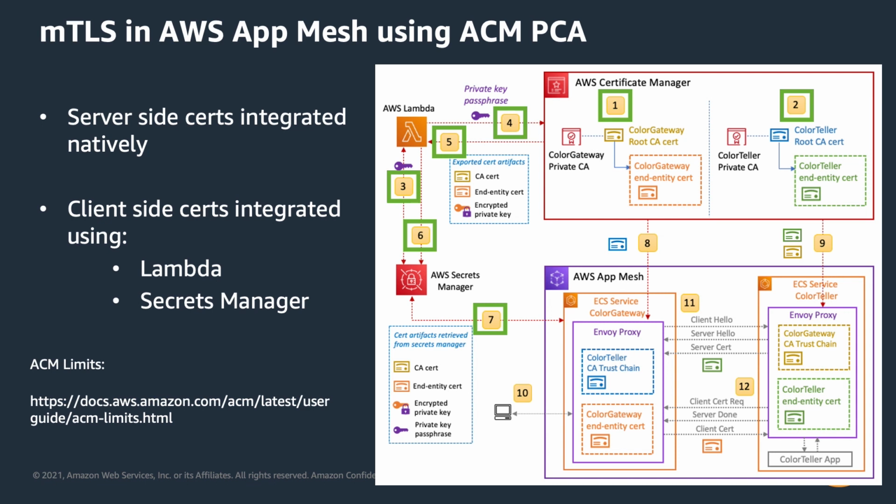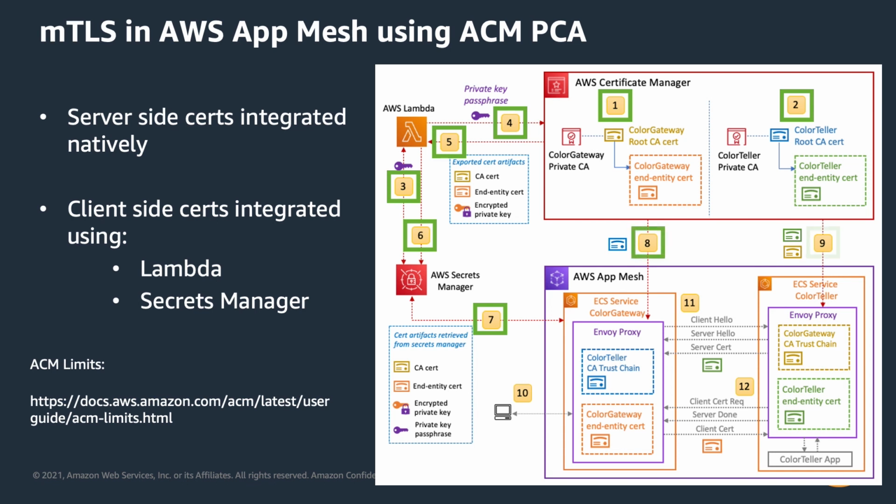That means if you have a 100 node app mesh, expect that to take 20 seconds for all these certificates to get exported from ACM and ingested into the app mesh Envoy proxies. That's just a word of caution for people who are designing very large meshes. So be aware of this limitation, that this much time can be spent in bringing up the system for the very first time. This delay is only at startup. It doesn't translate into runtime delays or anything like that.